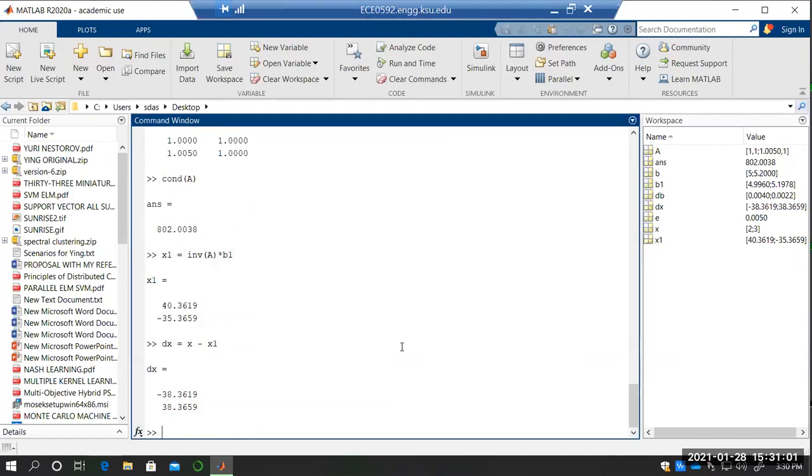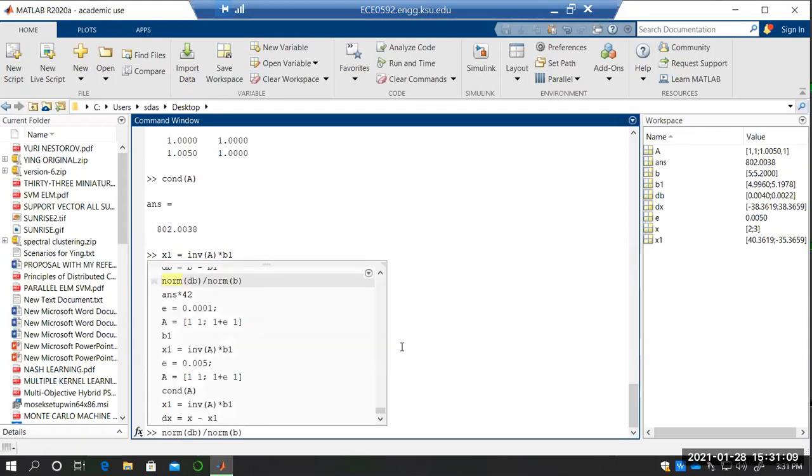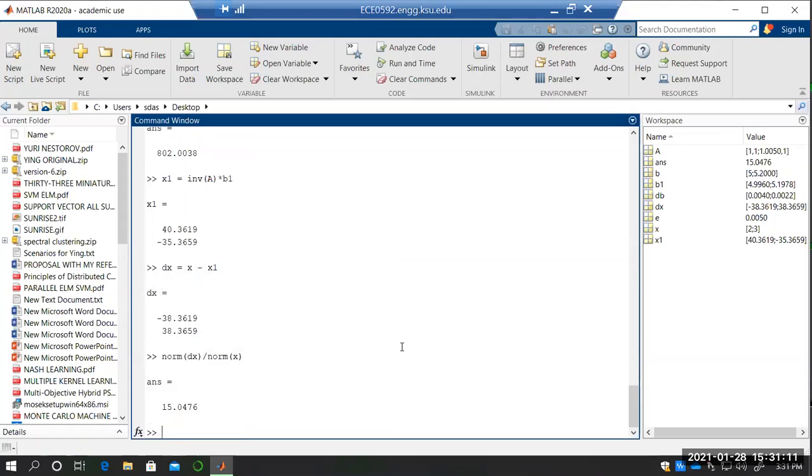The error is so much. And what's the fraction error? The norm, this is the fraction error: the error is 15 times the actual norm of X, right?